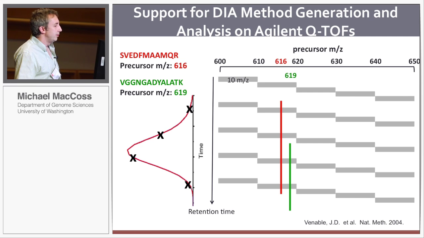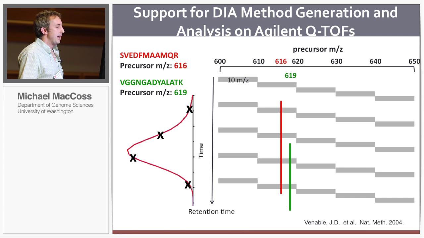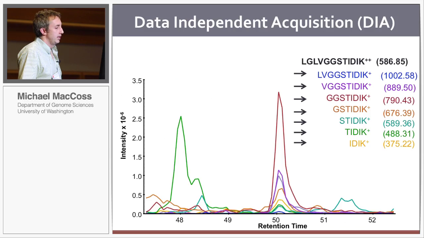Just to give you a sense of what it is: instead of doing data-dependent acquisition, we have wide windows that span a range of 10 or 20 m/z, that sit across a given mass range. We do MS/MS on those windows in a systematic, reproducible way, and then we extract precursor and product ion chromatograms from that data. So the data in the end looks just like SRM data, except it's done on everything all the time across the entire mass range.